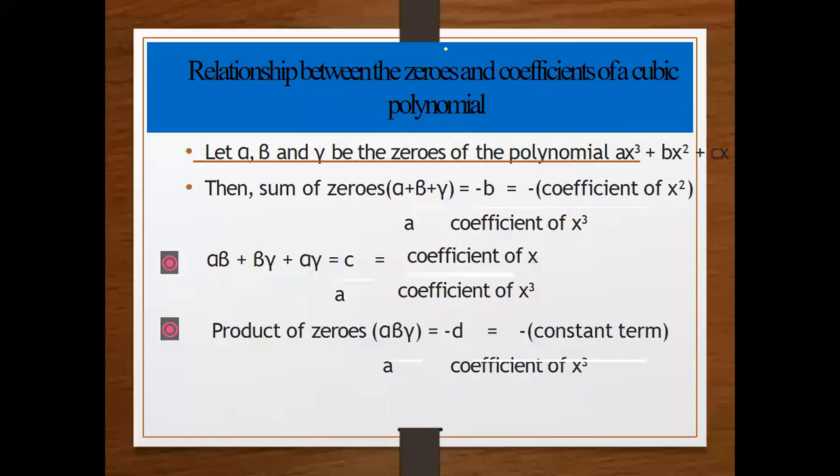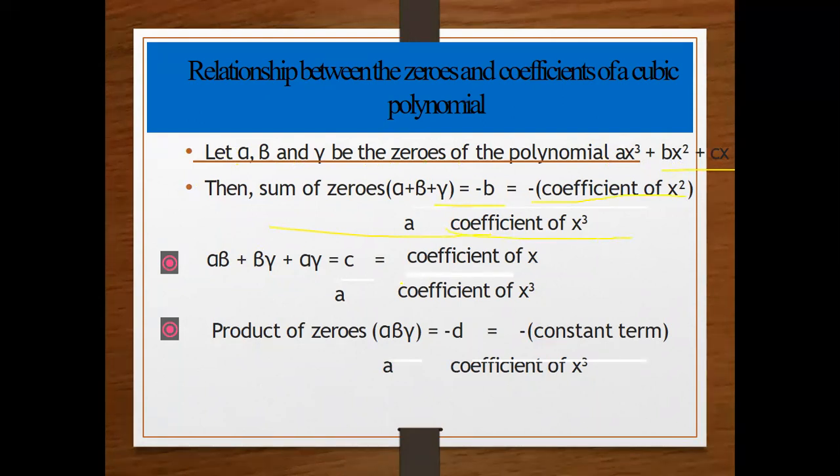Now, the relationship between zeros and coefficients of a cubic polynomial. Let alpha, beta and gamma be the zeros of the polynomial ax cube plus bx square plus cx plus d. Then the sum of zeros, alpha plus beta plus gamma, is equal to minus b upon a, that is minus the coefficient of x square upon the coefficient of x cube.